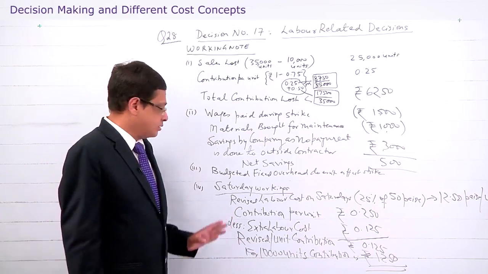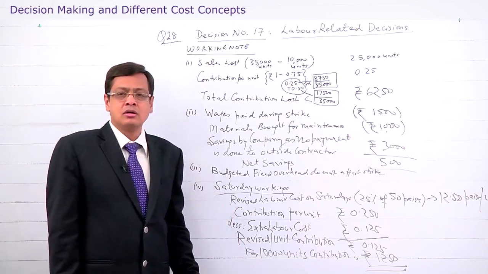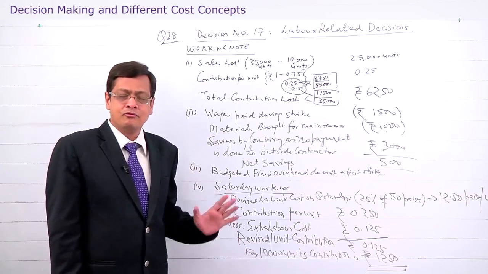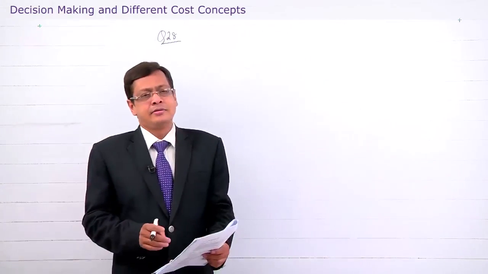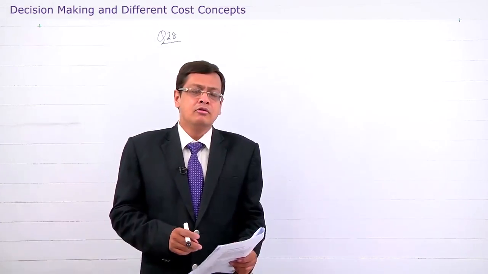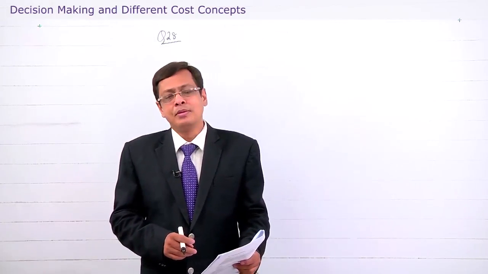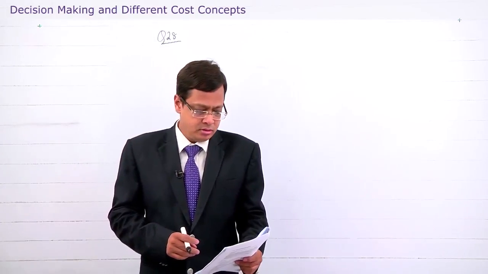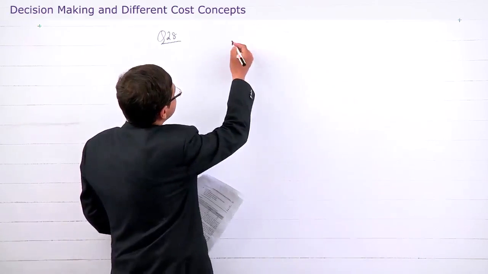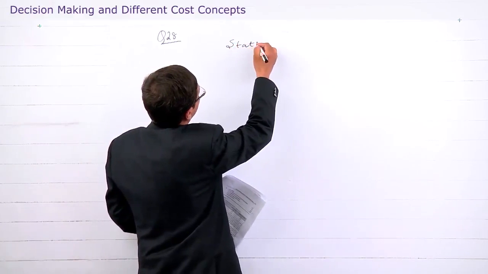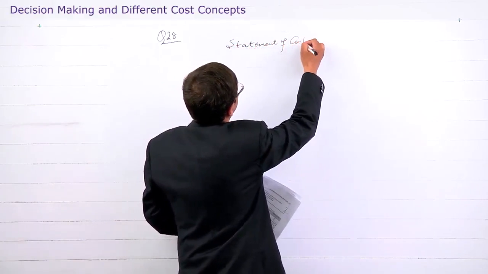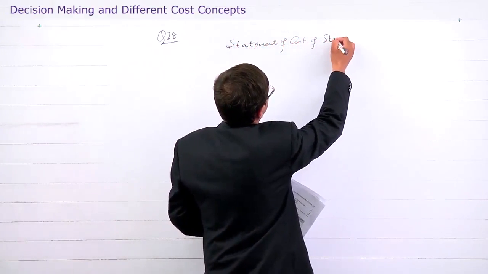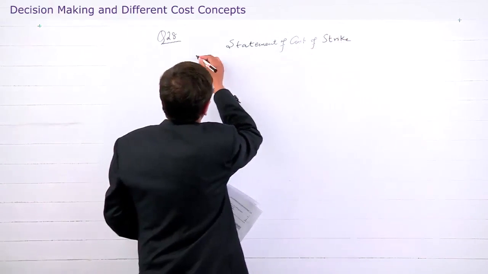Now after doing these 5 working notes, I am starting to create the final cost of strike. So friend, we have reached the final destination. We have to prepare cost of strike. So a statement of cost of strike.